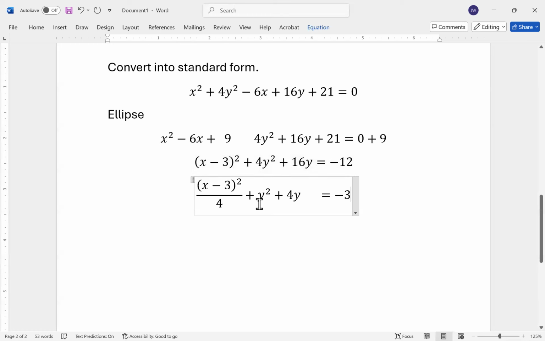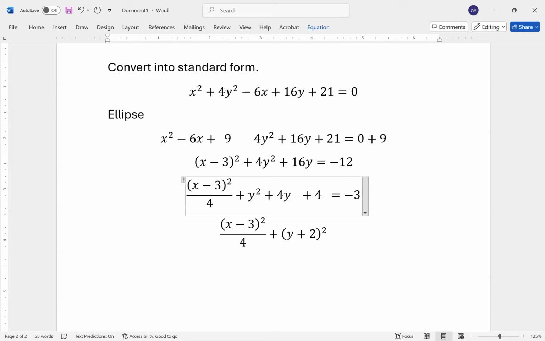Now I can complete the square on the y part. So let's go ahead and do that. For the y part, we're going to get y squared plus 4y. So what I need to square is y plus 2. That'll give me y squared plus 4y plus 4.